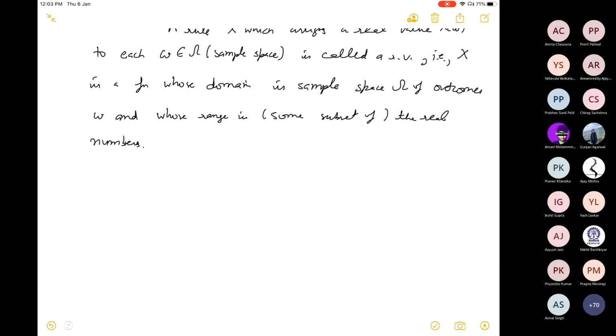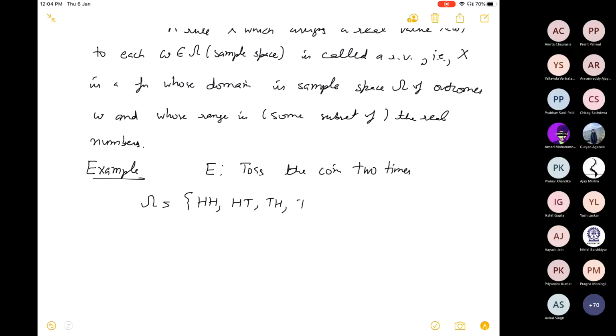Okay, so let us take an example. Let us toss the coin 2 times. Then the sample space is HH, HT, TH, TT. Let us denote these by omega 1, omega 2, omega 3, omega 4. These are the elements.